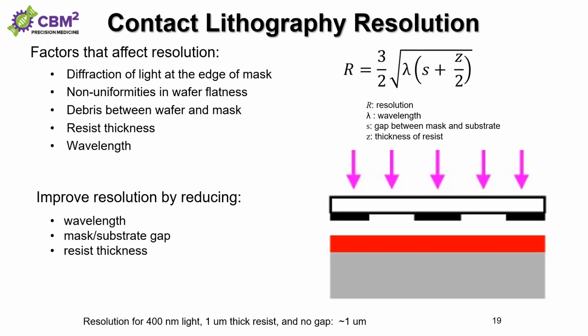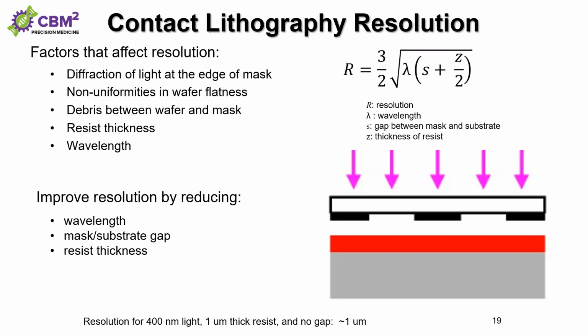Also, the smallest feature size can depend on the resist thickness, and also the wavelength. The resolution in contact mode photolithography is given by this very approximate formula. Resolution R is a function of lambda, the wavelength of your light, S, the gap between the mask and substrate, and Z, the thickness of the resist.